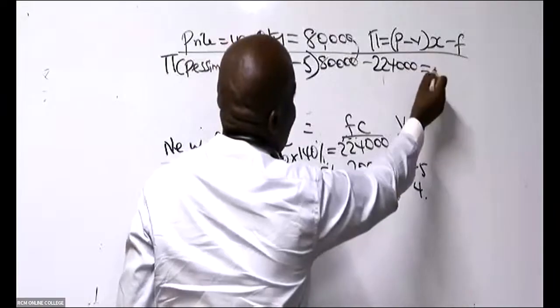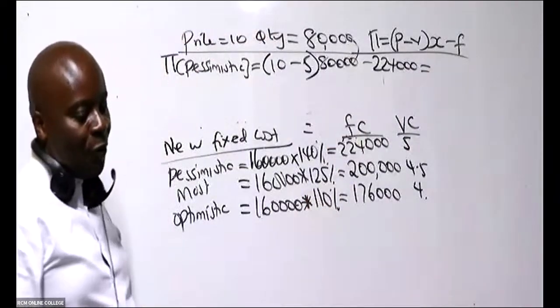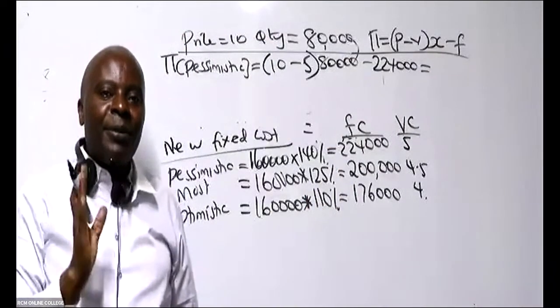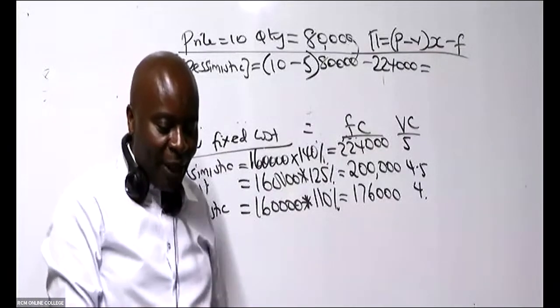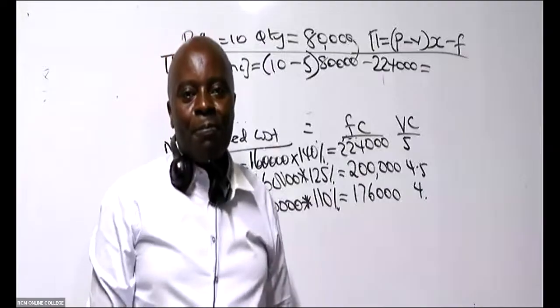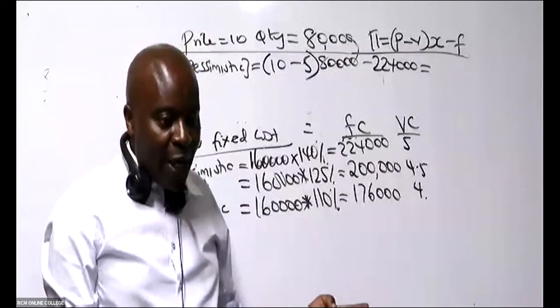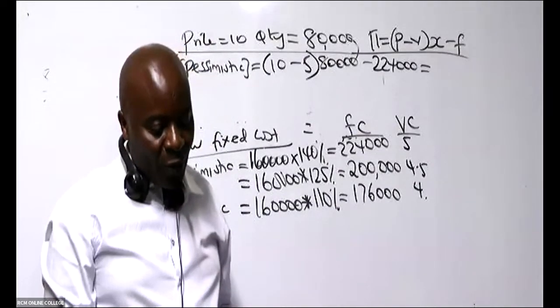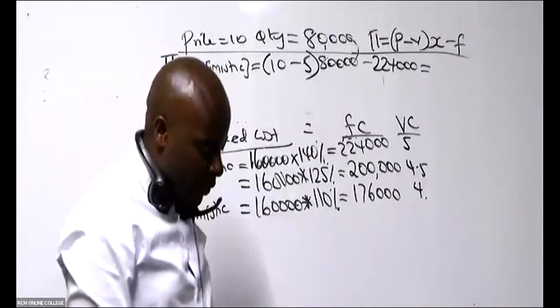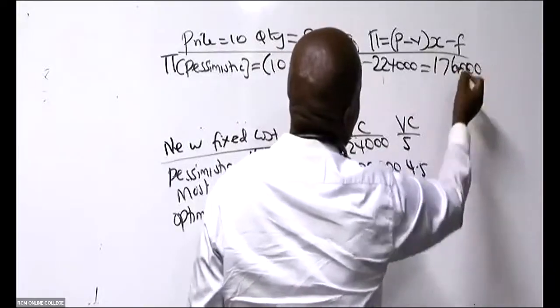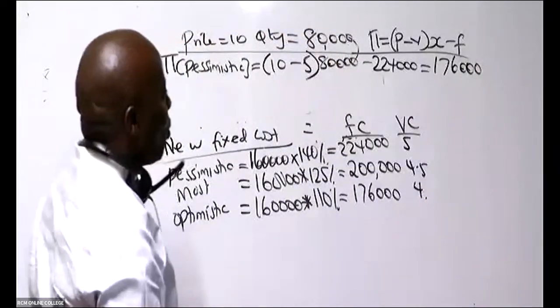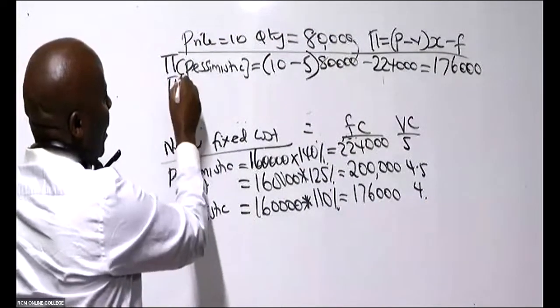Could you give me this profit here? I've never understood why students fail this subject. It is the easiest subject in CPA. Everything is being given to you. 176,000. So long as you reason as a senior manager, you pass.